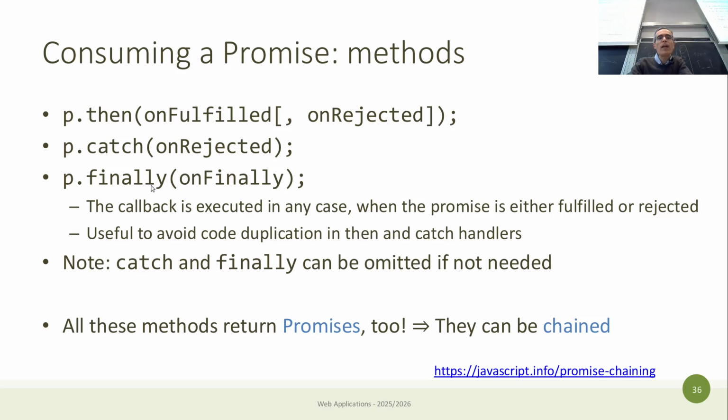There is also a finally method. Because this structure with the promises is very similar to the exception mechanism, so the try, catch, finally mechanism. So there is also a finally method on the promises that has a callback that is executed in any case after the promise is settled, regardless of whether it has been fulfilled or rejected.